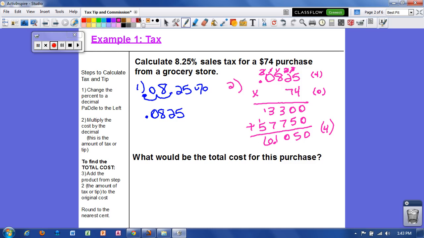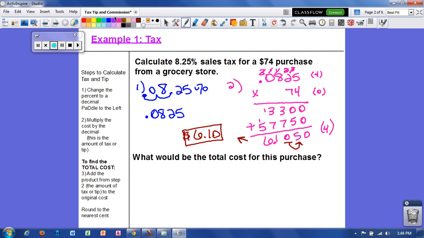Now, we are dealing with money, so I want to round this to the nearest hundredths place. So I have a 0 in the hundredths, and I have a 5 next to it. 5 or more means I'm going to bump this up. So our amount of tax would be $6.10.